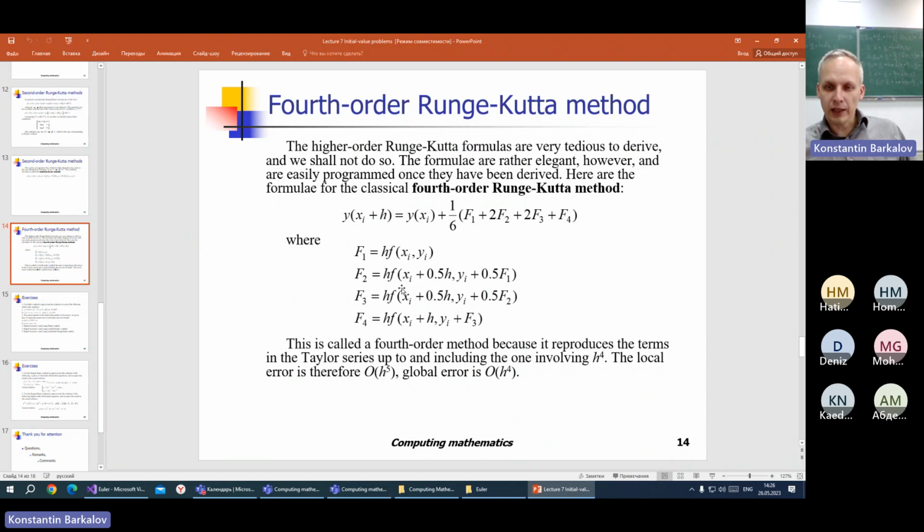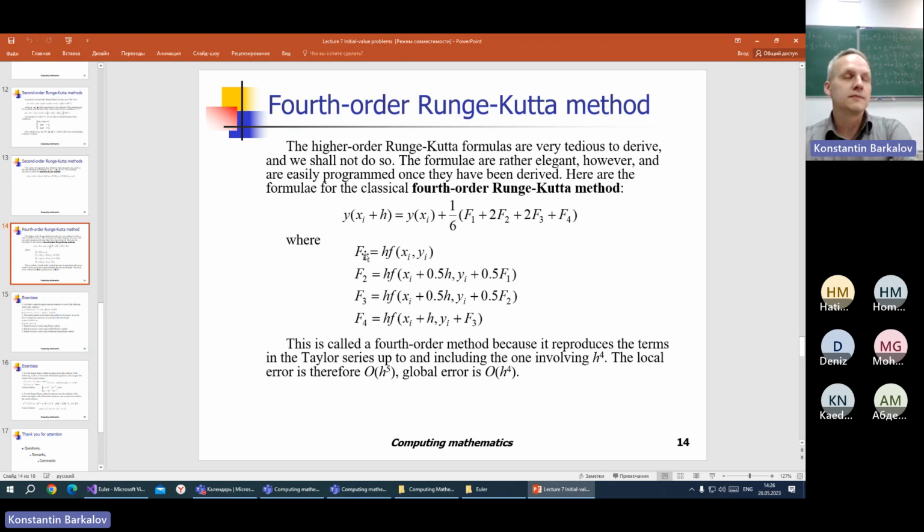To compute f3, we use f2. To compute f4, we use f3. And after that, we use all of these values in one formula to compute x_{i+1}. This method is the fourth order method.